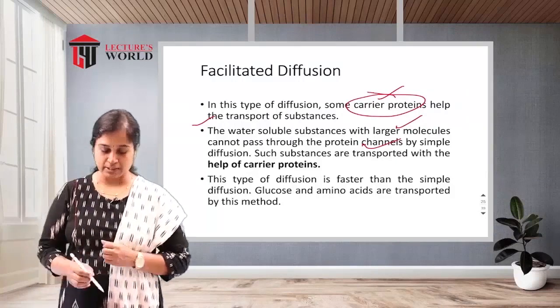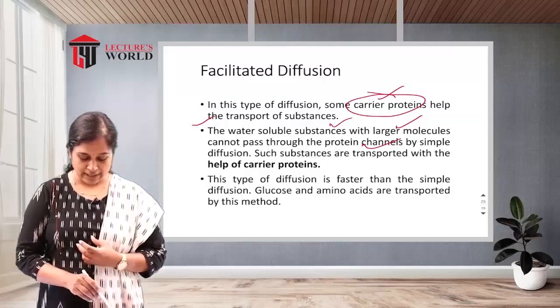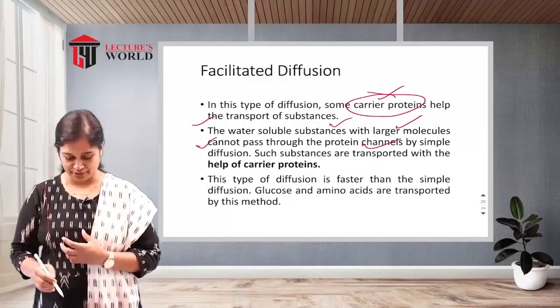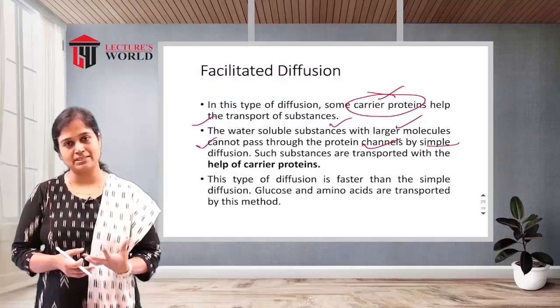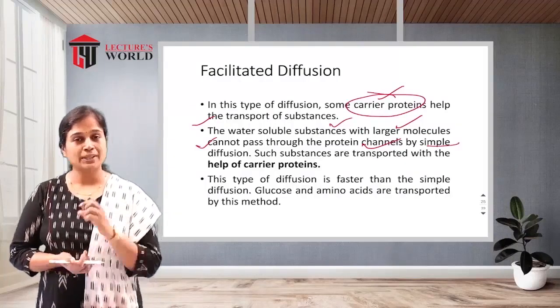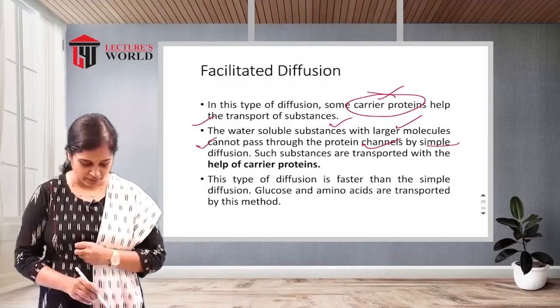So the water soluble substances with larger molecules cannot pass through the protein channels by simple diffusion, which we already know, and the substances are transported with the help of a carrier protein. In that case, the large molecule needs the help of the carrier protein.